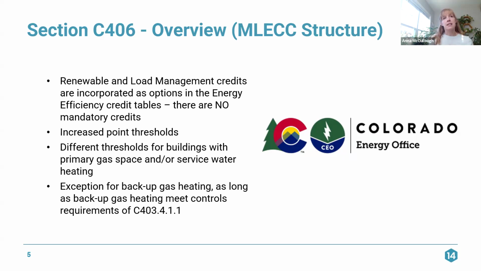Your backup gas heat does have to meet the controls requirements of section C403.4.1.1, which is the HVAC section of the IECC that details when supplementary heat is permitted to run. So the heat pump can't keep up with the heat, the thermostat's broken, things like that. There are, I think, 4 exceptions there that describe how and when that supplementary heat should run. So that's the general structure.